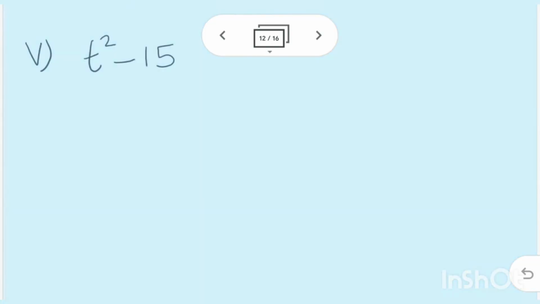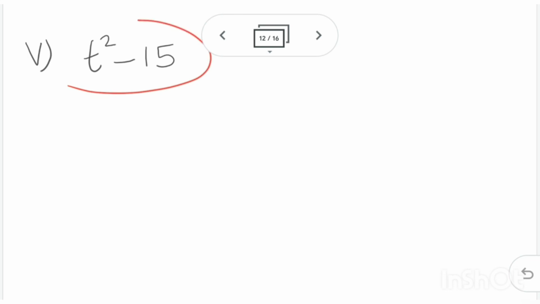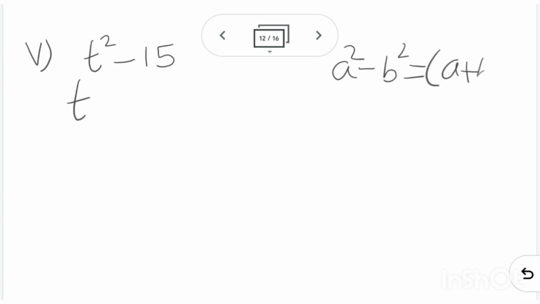Now one last sum we will practice today, that is t square minus 15. Now how can we make its factors? Simply we can use the identity a square minus b square equals a plus b, a minus b.